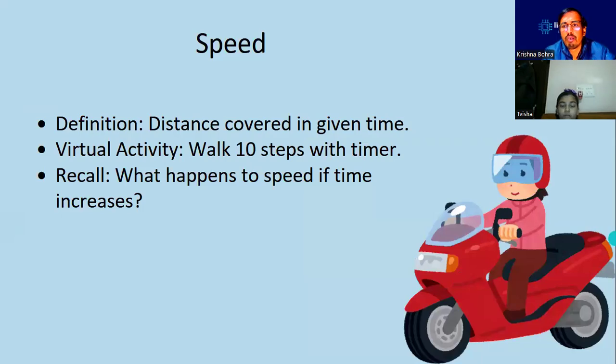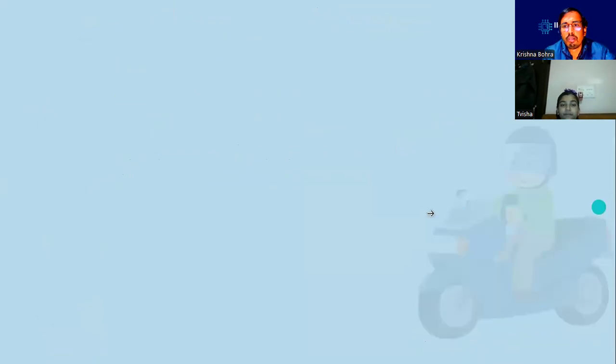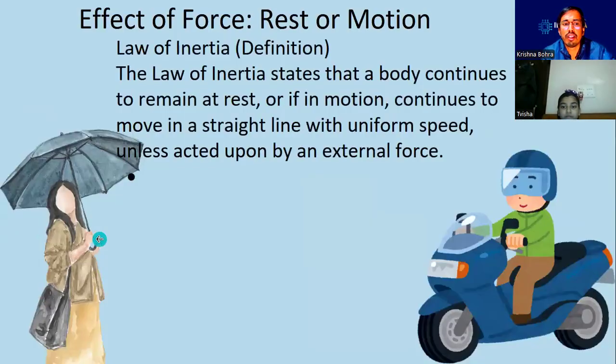Now let's understand the case of rest or motion of an object. Here comes another thing called the law of inertia. Inertia literally means something which doesn't like to be changed, right? Sometimes in the state of our mind also, we don't like to change and we are very afraid of the changes around us and within ourselves, don't we?